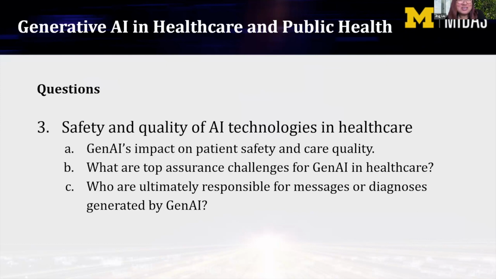Who is ultimately responsible for messages or diagnoses or any clinical decisions generated by AI? Right now it's the healthcare provider, and that's going to be a big problem. So if you're a doctor, you're answering questions.